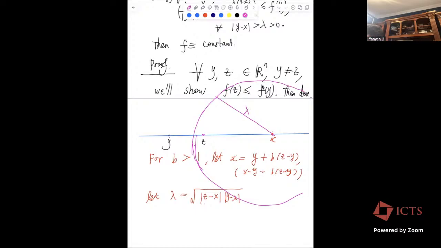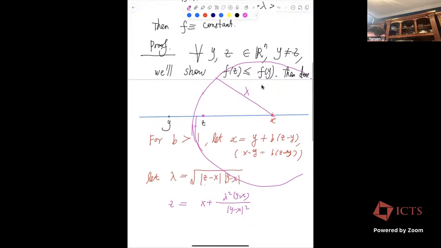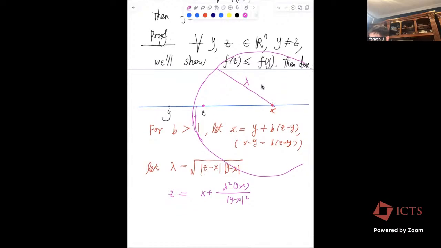So you see this z is exactly equal to x plus lambda squared times (y minus x) over |y minus x| squared. Yeah, something like this. So this is how you link.